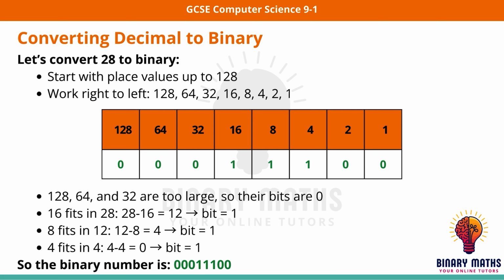So the bit for 8 should equal 1. 4 fits exactly into 4. So 4 minus 4 is 0. So the bit for 4 should equal 1. The remaining bits, 32, 64, 128, etc., are too large, so they're all 0. So you write it out as 00011100. So that's 28 in binary.